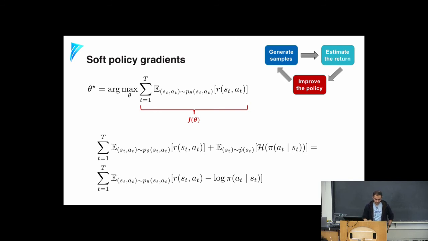So I'm just rewriting this a little bit. I'm combining the two expectations. And we have a sum from t to capital T, and then an expectation over the pairs of states and actions. And then we basically have a reward and the negative log probability of the action, right?